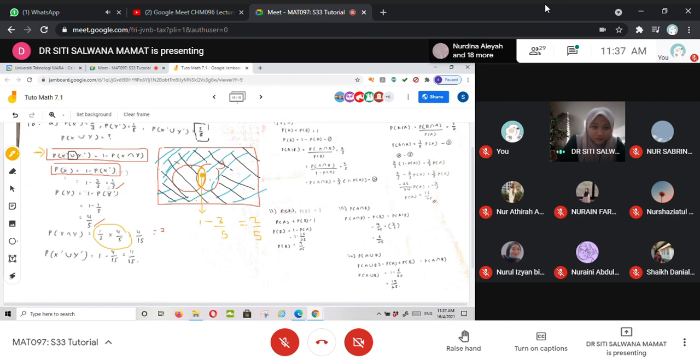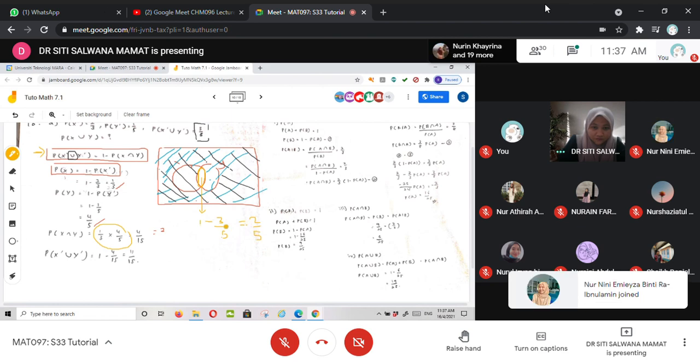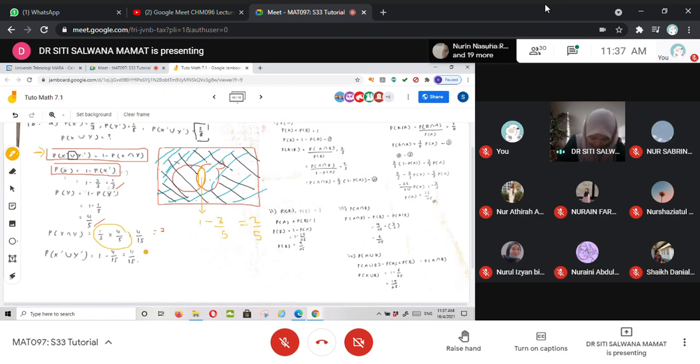So kita punya union kat sini 2 over 5. Okay. Ini check balik lah. And then this is you punya intersection lah. This part, the probability of x intersect y. Okay, so you dapat yang ni. But then the question asks to find apa?